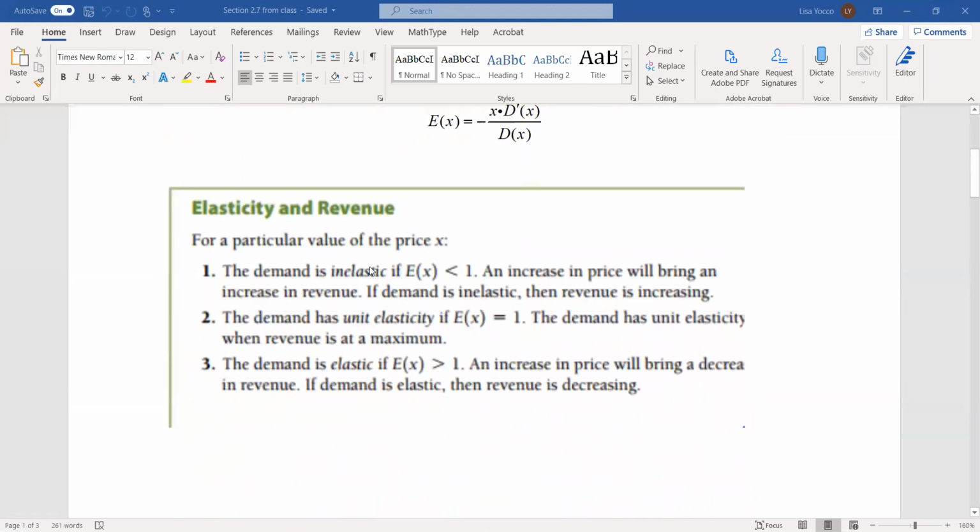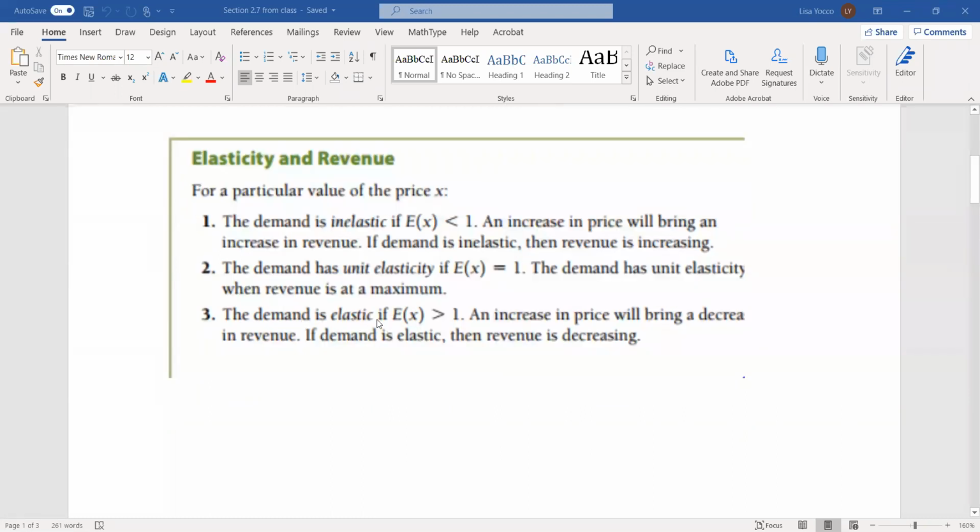So for a particular value of the price x, the demand is inelastic if this E of x that we compute is less than 1, meaning that an increase in price will bring an increase in revenue. And if demand is inelastic, then the revenue is increasing. The demand has unit elasticity if E of x equals 1, and this happens when the revenue is at a maximum.